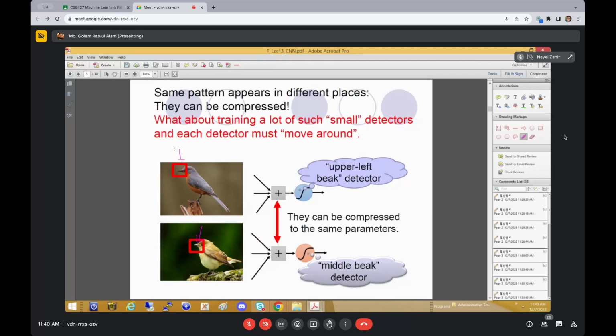That means this is our beak detector, and it needs to search the whole image for the beak. Here is also the same. So this is the upper left beak detector, this is the middle beak detector, and then we can share the same parameters. That means we can use the same parameters or weights for those.